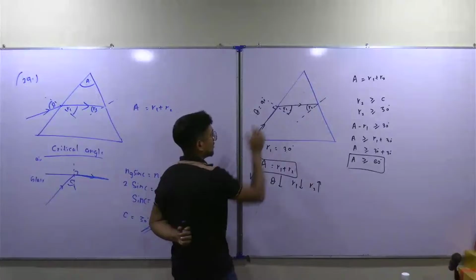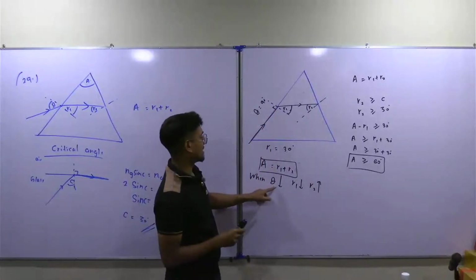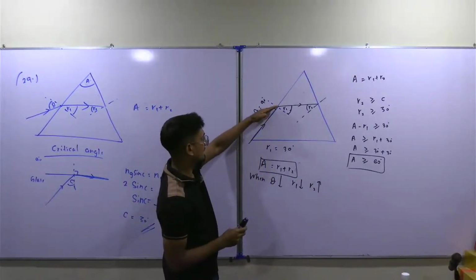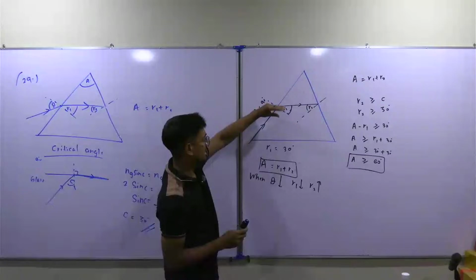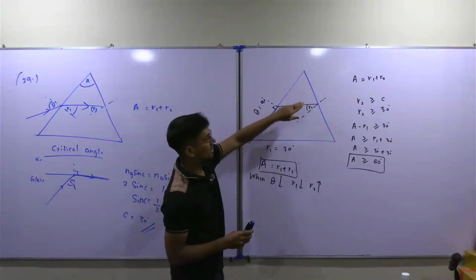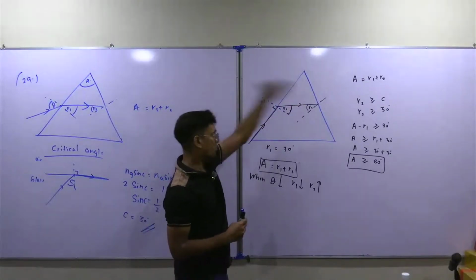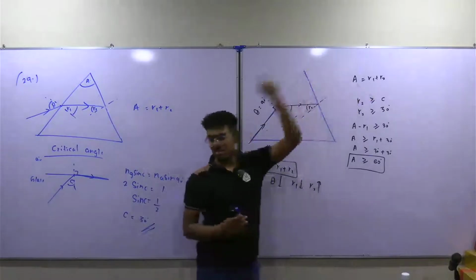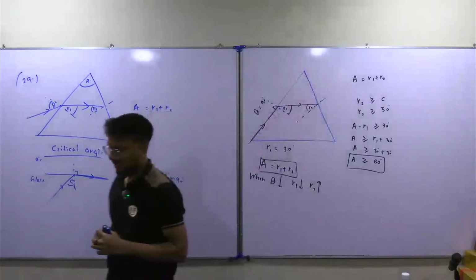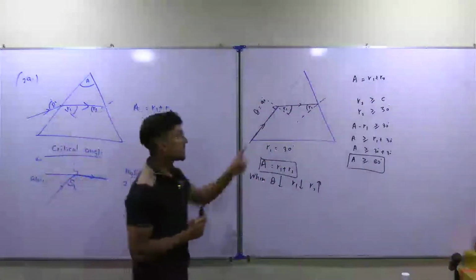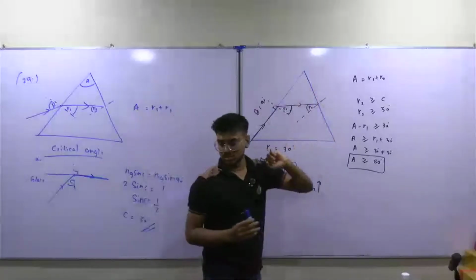If theta is lesser than 90, this R1 will be lesser. When R1 is lesser, R2 will obviously be greater than this one, right? So for other angles as well, the ray will not penetrate through this refracting surface, right?